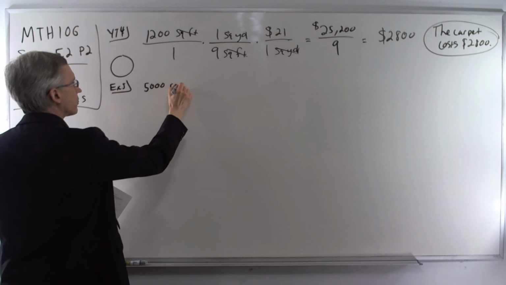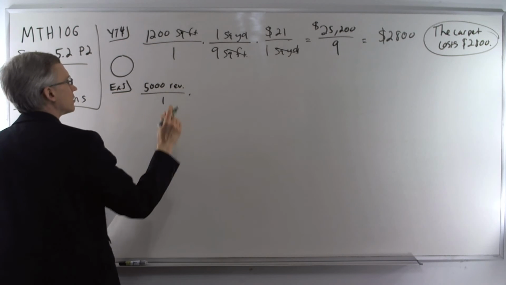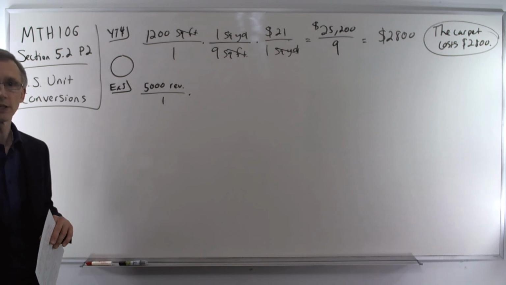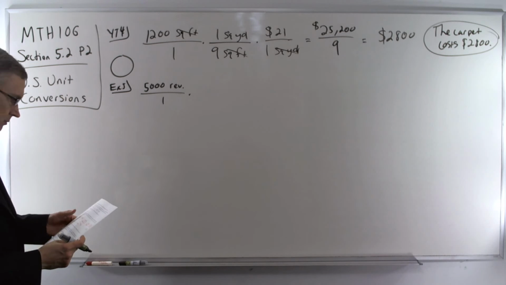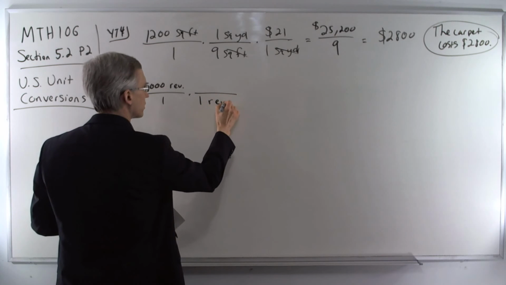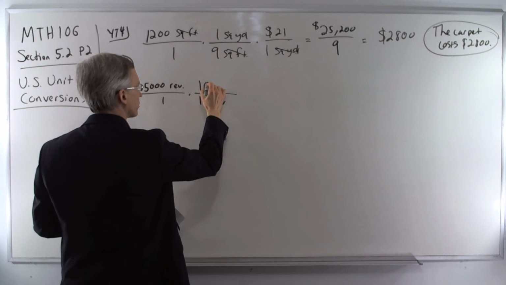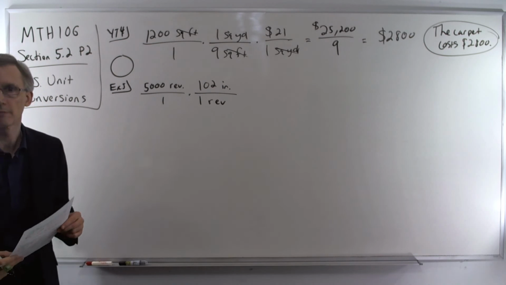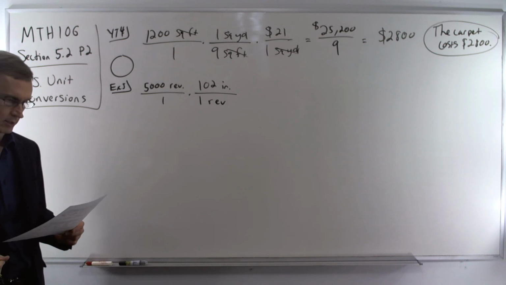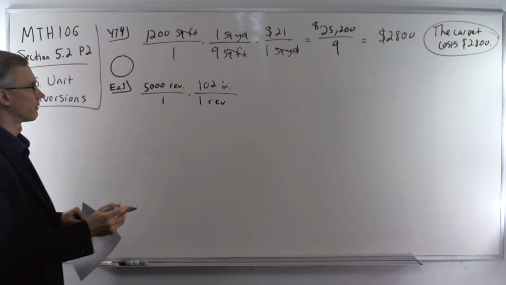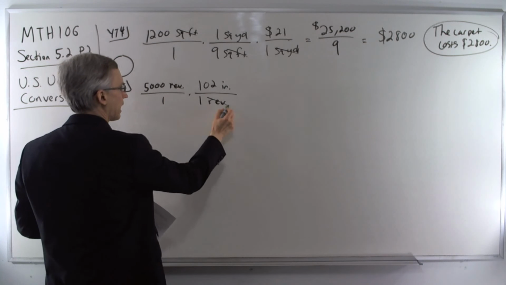I'm going to abbreviate rev for revolutions. Now we know that the circumference is 102. So that means for every one revolution, we're going to travel 102 inches. So there's the conversion factor built right into the problem. And so that gets rid of revolutions. Revolutions cancel. And now we're at inches.